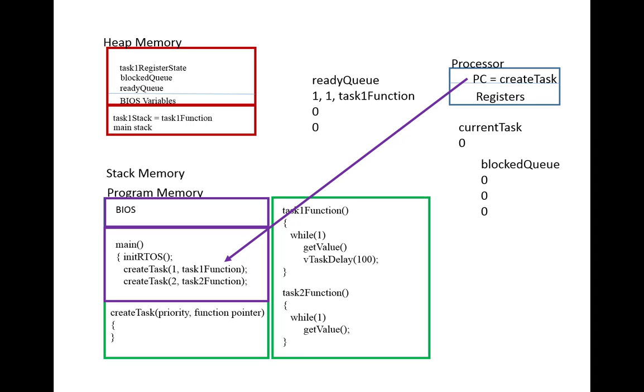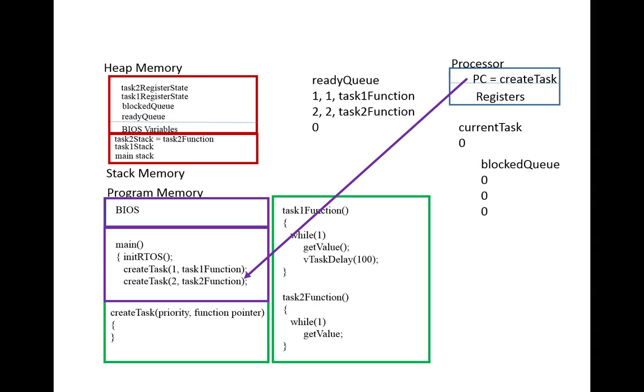So the task1 function is a function pointer. Notice that the task1 function exists over in memory. That has been created by our compiler. It's out in our program memory, and it's ready to be run. And now in our ready queue we've set up an element that says for task1, when you very first run that task, go to the very first location in the task1 function.